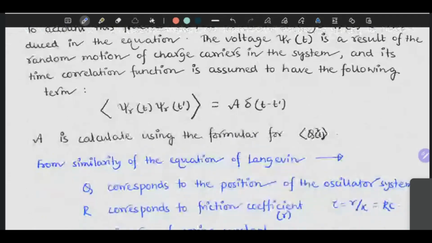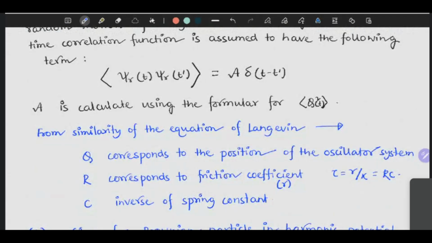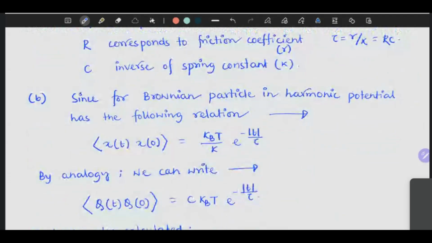We then found out that there is some similarity with the Langevin equation for a Brownian motion in a potential, let's say a harmonic potential, with a one-to-one correspondence: the charge corresponds to the position of the oscillator, r corresponds to the friction coefficient gamma, and c is the inverse of the spring constant k. Using this, the characteristic or relaxation time scale tau will be gamma by k, which is rc.